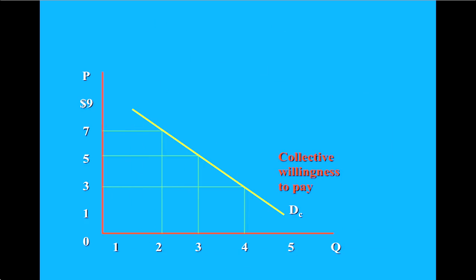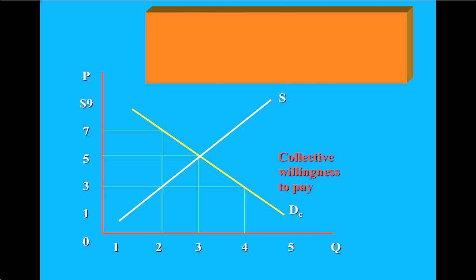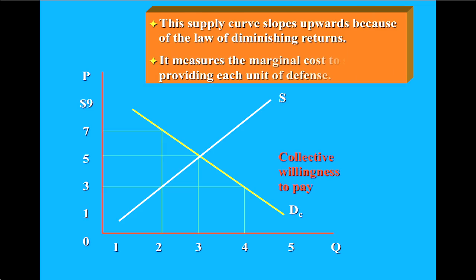Now let's finally answer our question about what the optimal quantity of a public good provided by the government should be. Let's do that by adding a supply curve to our graph. This supply curve, of course, slopes upwards because of the law of diminishing returns, which applies whether we are producing private goods like muffins or public goods like missiles.